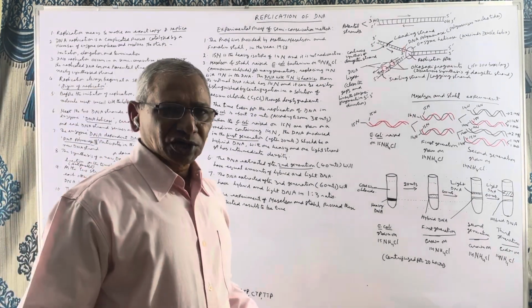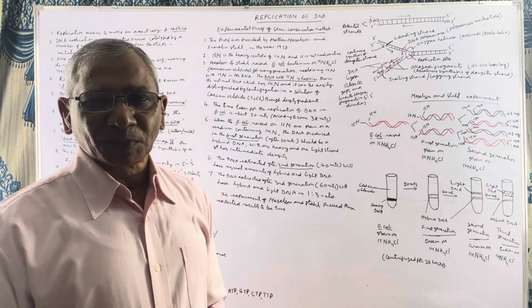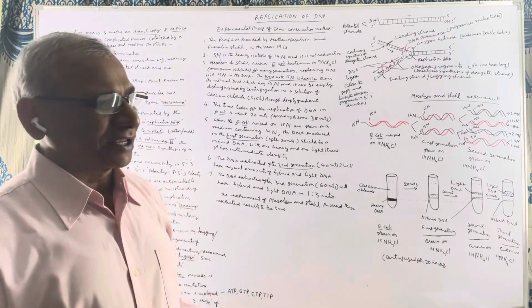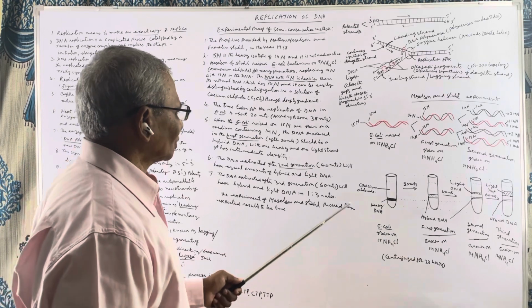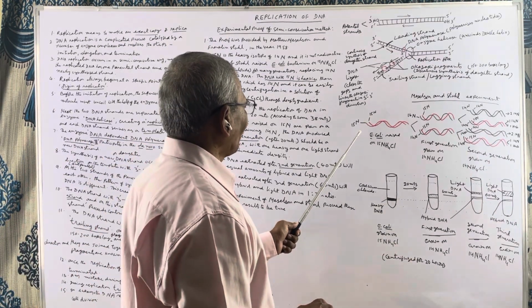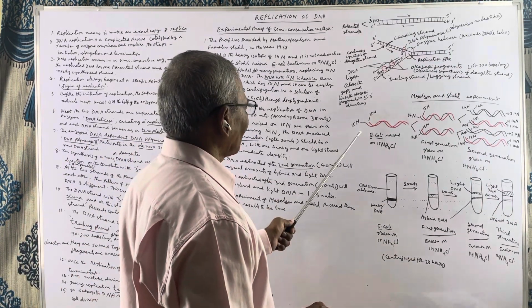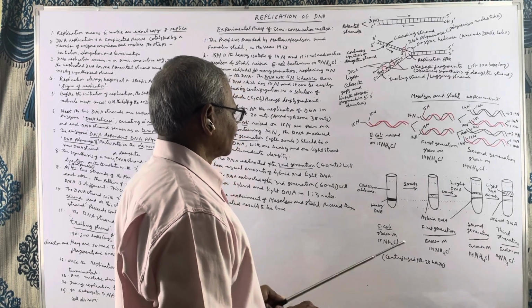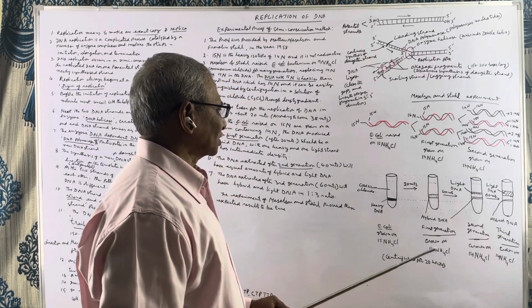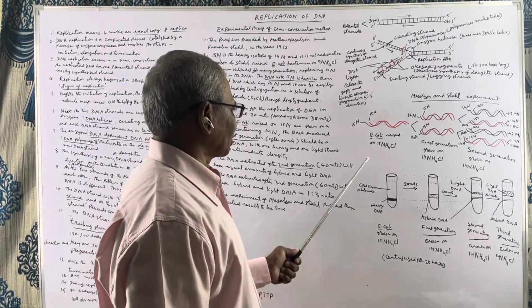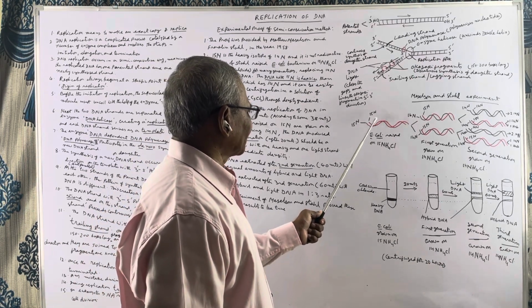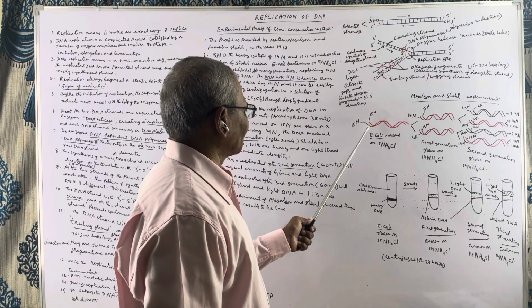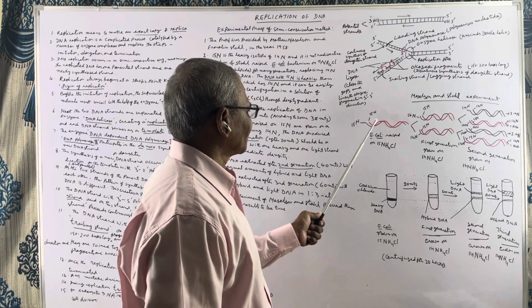So, the duration of time taken for replication of DNA in E. coli is 20 minutes. So, when Meselson and Stahl raised E. coli on ammonium chloride having 15N for many generations, in both the strands, 14N is replaced by 15N. This is heavy DNA.